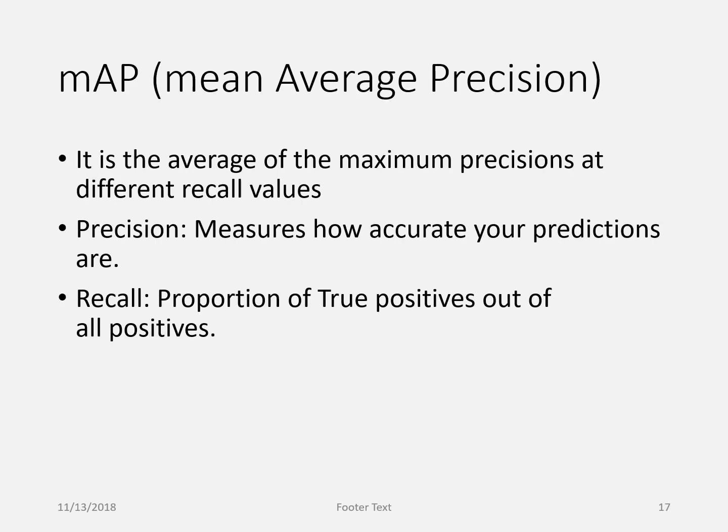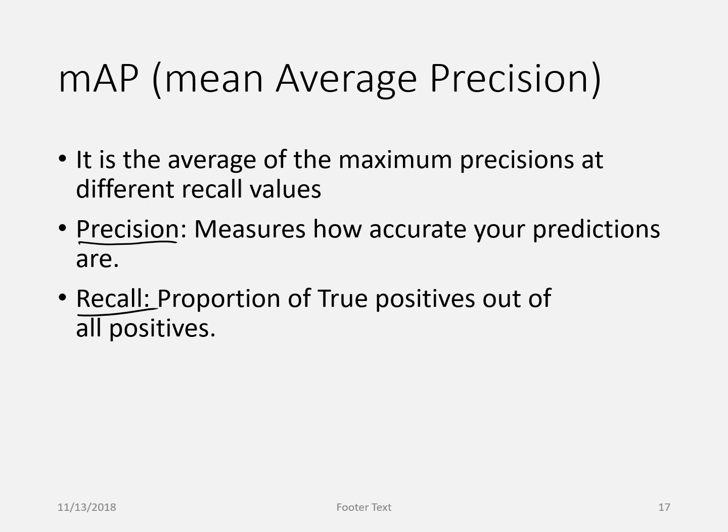So before we discuss our actual results, let's take a look at mAP, which is a very significant factor for measuring the performance of an object detection algorithm. So mAP is an average of maximum precisions at different recall values. Now notice the two words here, precision and recall.